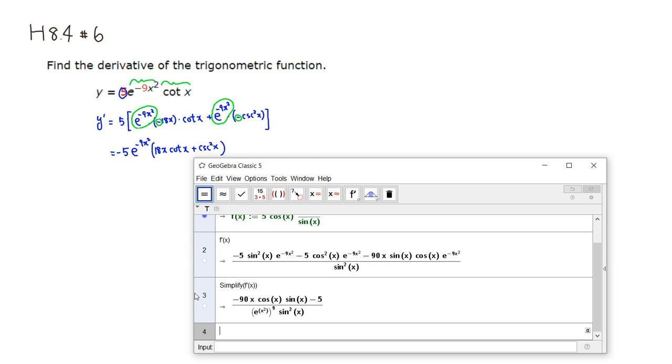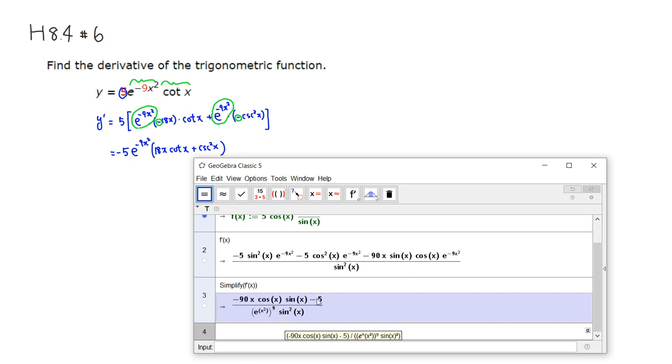All right, so let's see. You see a cotangent of x right here, right? And here, negative 90, so you have negative 5 times 18x, so you have a negative 90x, and then you have a cosine of x over sine of x, that gives you cotangent. Then let's see, what else do we have?